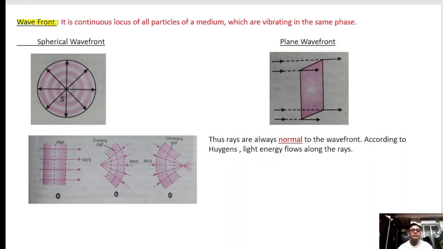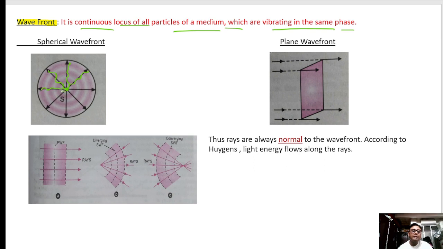So friends, you can see here, it is a continuous locus of all particles of medium which are vibrating in the same phase. Same phase means, see, this particle is vibrating and sending waves like this.